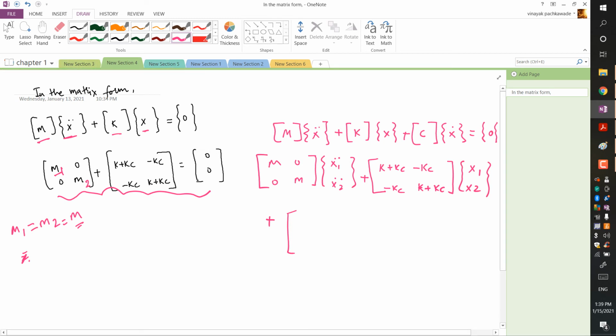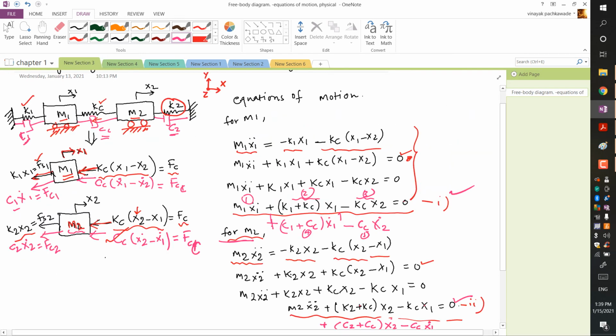First we assume m1 and m2 equal m, then we assume k1 and k2 are equal to k. These are the assumptions in the system. So what are the coefficients? Let's take a look at equation number 1. The coefficient of x1 is k1 plus kc, and the coefficient of x2 is minus kc.